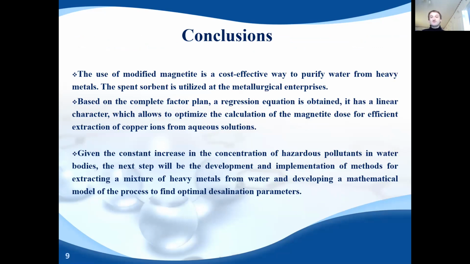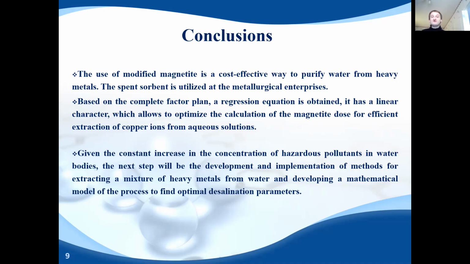When using modified sorbents based on magnetite, it is possible to reduce the concentration of heavy metals to milligrams per cubic decimeter. Given the high capacity of the sorbent for copper ions and the simplicity of its regeneration, it will be possible to implement low-waste technology of water purification from heavy metals during its use.